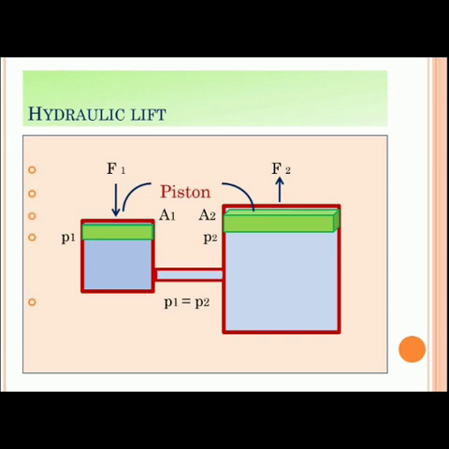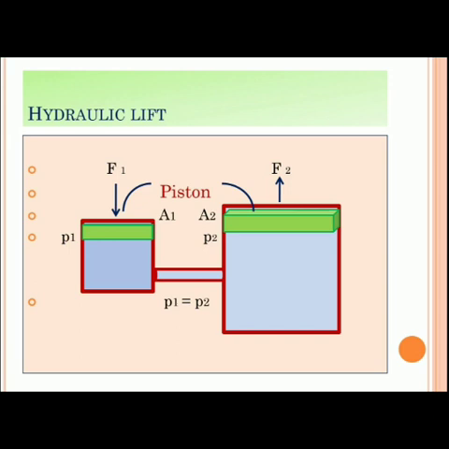Let us consider a tank containing a fluid which is fitted with two pistons. You can see the cross-sectional area and there is an interconnected pipe between them. When a force F1 is applied on the smaller piston, the piston moves in the downward direction.